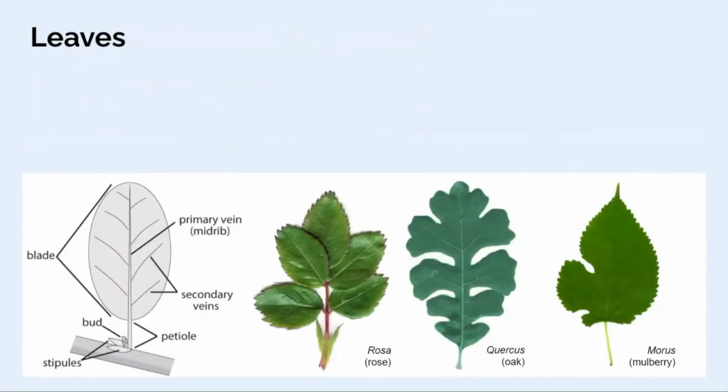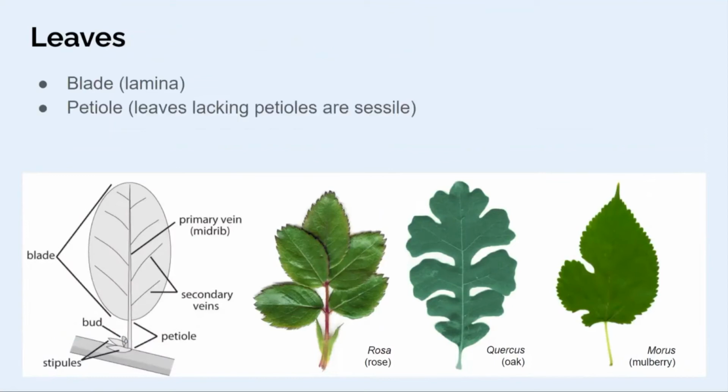Now about those leaves. Leaves are also one of the more commonly used features to identify a plant with. And off the bat, I'd say there's one thing to watch out for, maybe a misconception sometimes about what actually makes up the leaf.